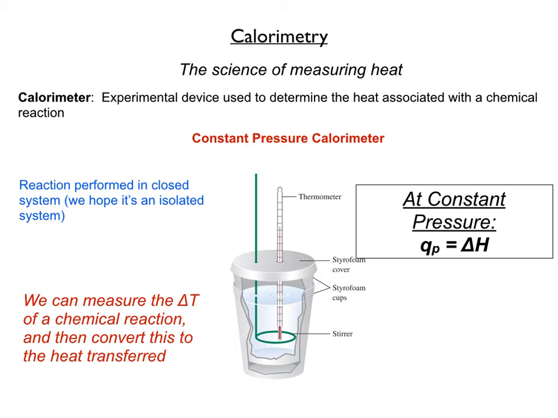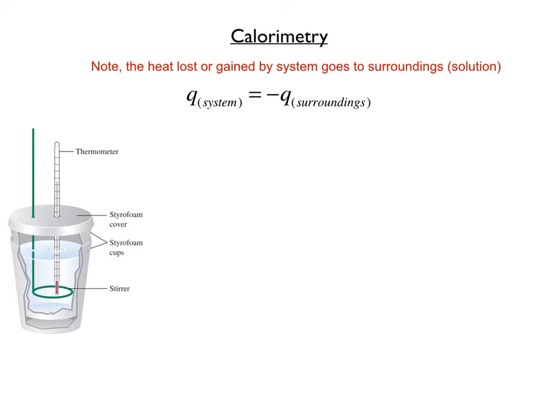So within calorimetry, remember the first law of thermodynamics says energy is conserved. So we can have a heat flow from one thing to something else, but that all has to be accounted for.